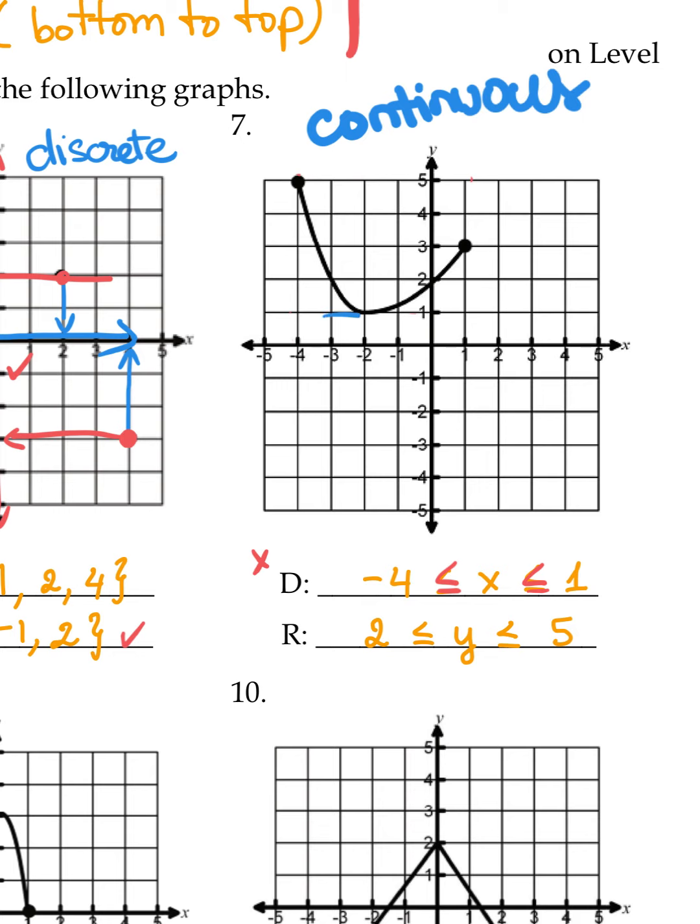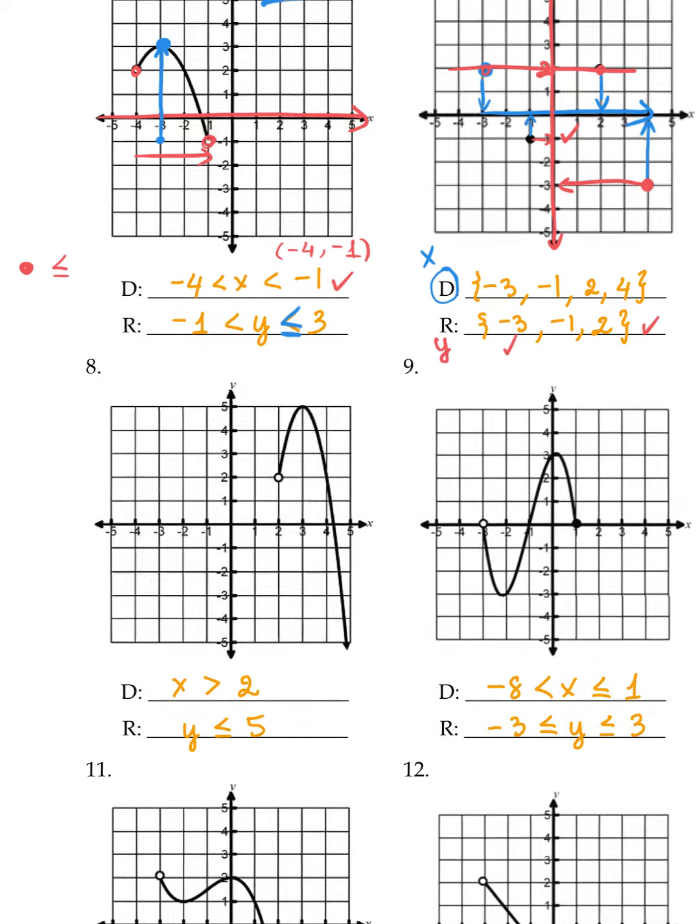All right, so you can see 1 is the lowest point on the y-axis, right? And then the highest is 5. So it's starting at 1 and going to 5. Y is less than or equal to 5 and greater than or equal to 1, right? Or it's between 1 and 5.